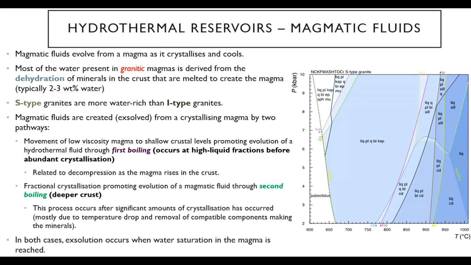First boiling is related to decompression. So you're releasing that pressure, it's happening quite shallowly in the crust, so the fluid expands, and depending where the critical point is, it might transform into a vapor if you're very shallow in the crust, form fumaroles and things like that. So that's a really shallow level process related to decompression.